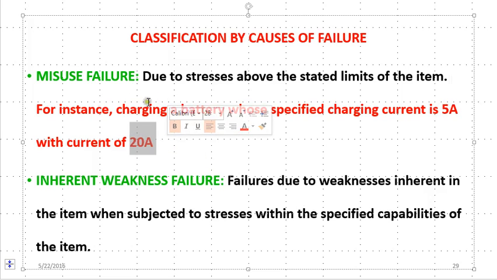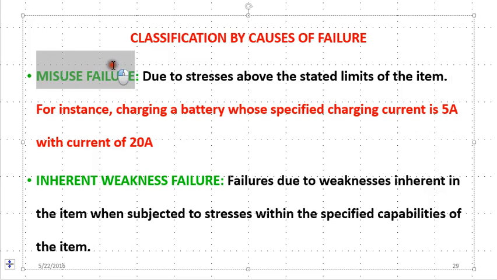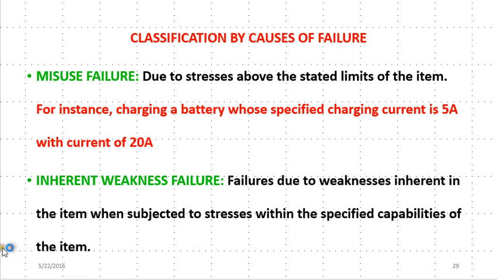So if it fails, we can say this is failure due to misuse. And the failure which is due to inherent weakness in the device is a failure that happens due to weaknesses inbuilt in the materials when subjected to stresses within its specified limit without any overstress, but because it is inherently weak, it fails. This kind of failure, we call it inherent weakness. And what causes the inherent weakness is the failure in proper design.